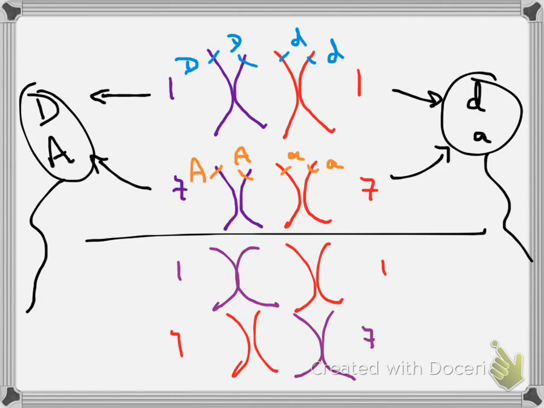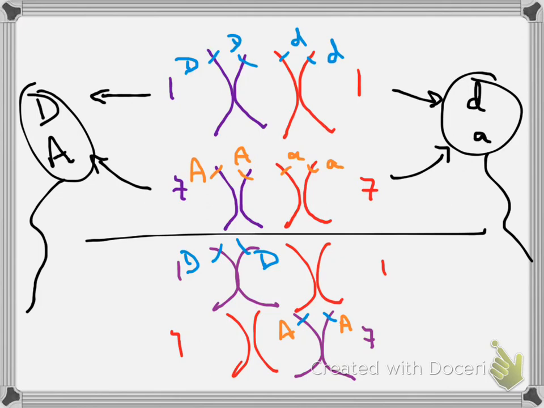And here's Mom's 1 again, and here's her 7 again. All right, but now looking at these traits, this time Dad's dimple gene is on this side, but his attached earlobes are over here now. They moved to the other side of the metaphase plate. Right?